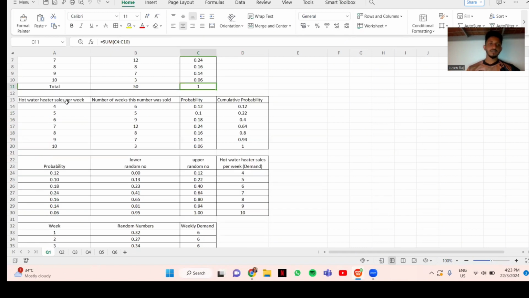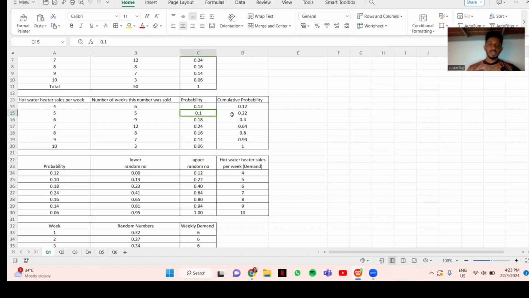Then the next column is cumulative probability, so we have to find the cumulative probability. The first one, 0.12, will automatically be 0.12.